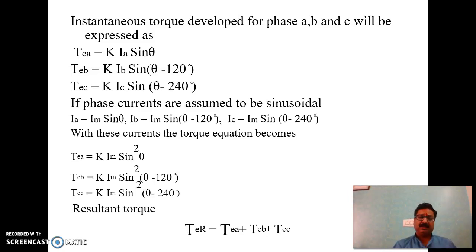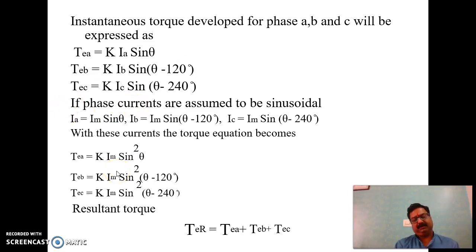And the corresponding current is considered to be sinusoidal. So the current for phase A, phase B and phase C will be Im sin theta, for B Im sin(theta minus 120 degree) and for C Im sin(theta minus 240 degree). So the corresponding torque for phase A, phase B and phase C is this.